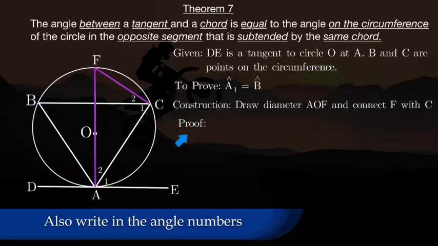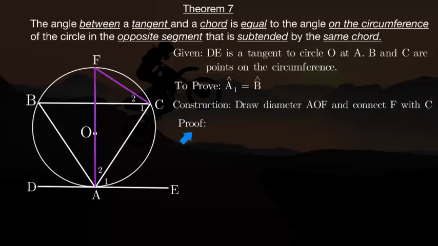Now our proof starts with a theorem that you don't know, and I'm going to call that theorem 8, and it's something that you have to learn from this theorem as well. But we are not going to learn how to prove it, you just have to remember it. Well, it says that angle A1 plus angle A2 is equal to 90 degrees. So this angle A1 and this small angle here, A2, is 90 degrees together.